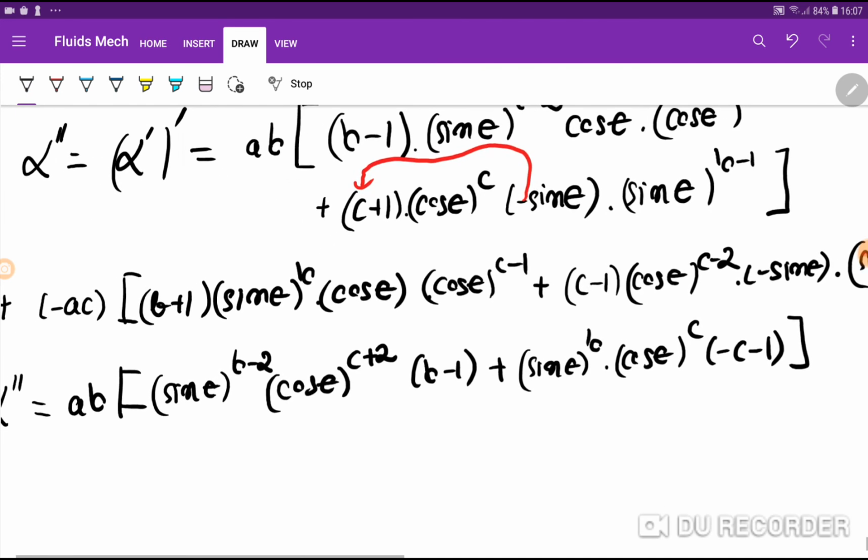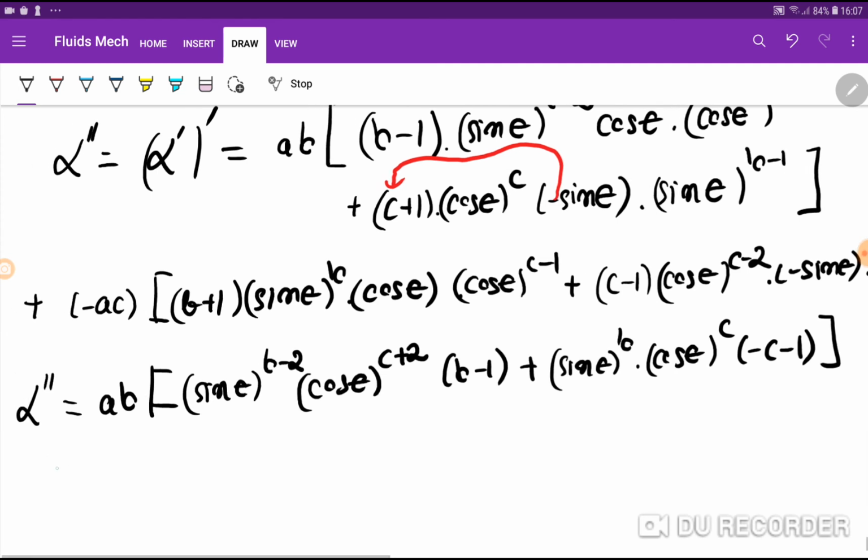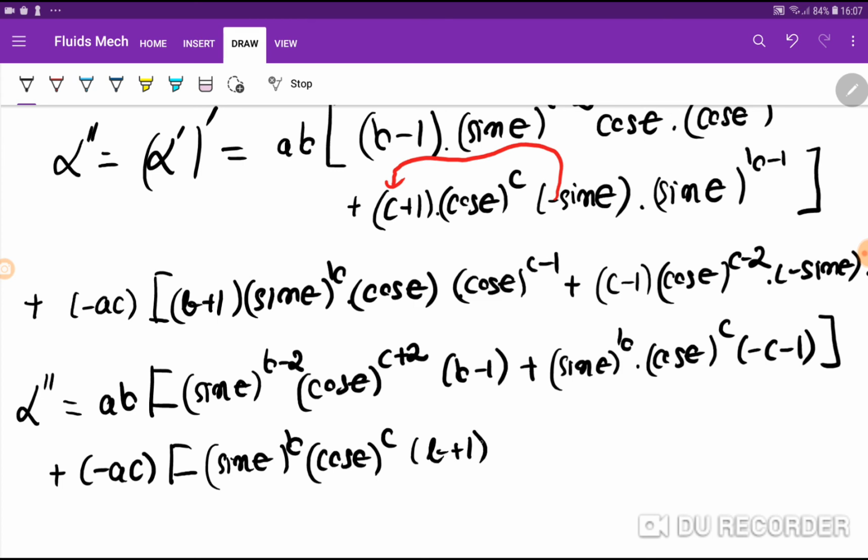And then the term negative AC is going to be sine phi to the power of b, and then cosine in this case is c times b plus 1.